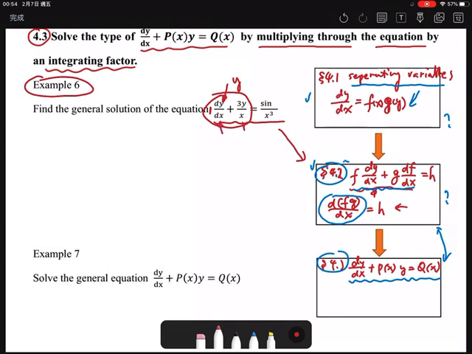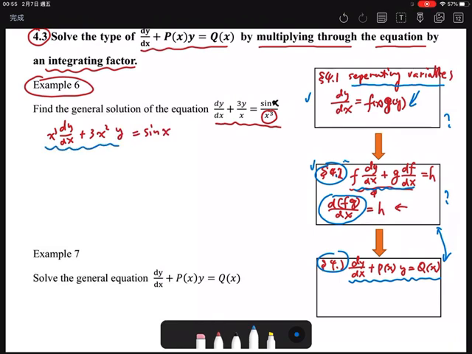We cannot find two terms. But if we multiply by x cubed on both sides, we have x cubed times dy by dx plus 3x squared y equals sine x.